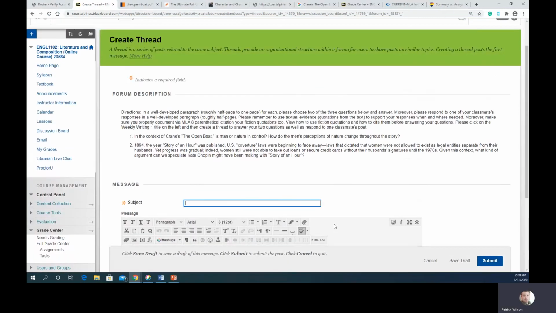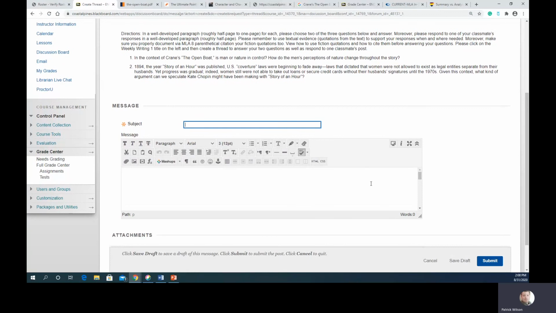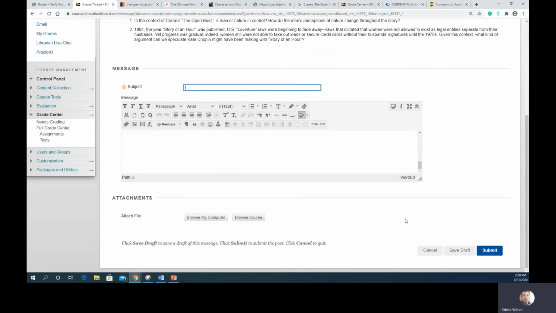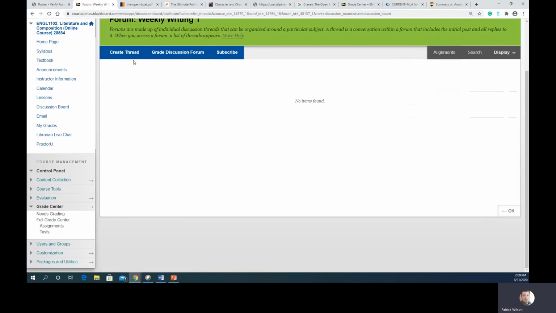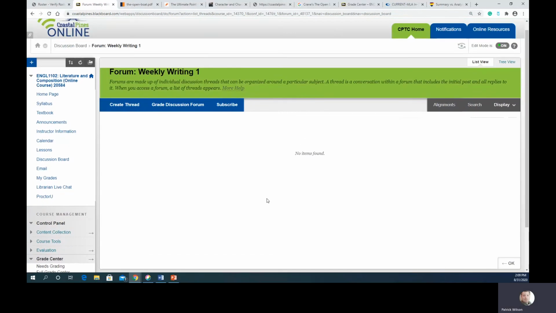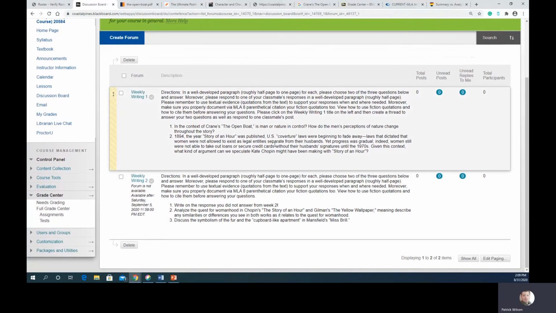And then once somebody else writes something, you want to come back and comment on their particular work. So that's how you would create your initial discussion. Otherwise, if you don't create the thread, you're not going to be able to create that particular discussion, and it's just going to grade it as a 0 because nothing is there.